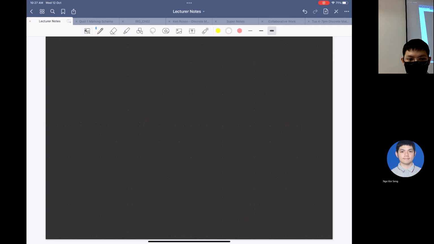Okay, next, the last part of this set business is the multi-set. Last time we talked about this multi-set. Now we allow the same element to occur multiple times, that's why we call it a multi-set.